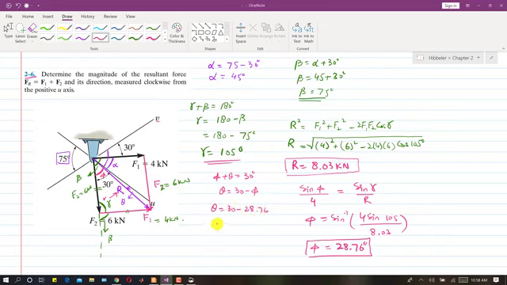This will give us the angle of the resultant with this u-axis. So this theta comes out to be 1.23 degrees. So this is the angle of the resultant with the u-axis. This is the solution of this problem: this is the resultant, and this is the angle theta with the u-axis.